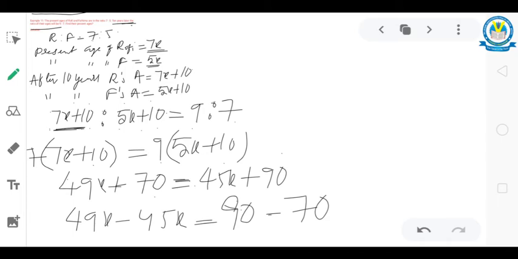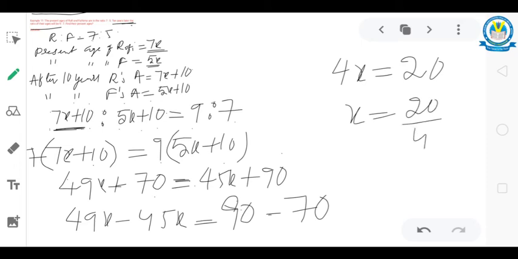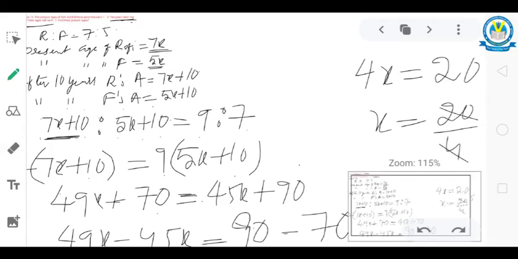Now 49 minus 45, so the answer is 4. x equals 90 minus 70, 20. So x equals 20 by 4. Cancel 5 times, so x equals 5.